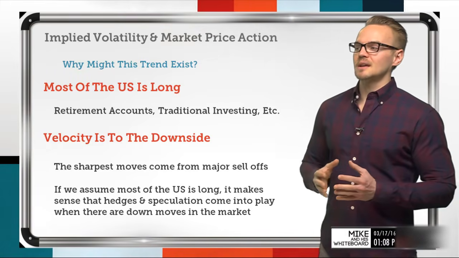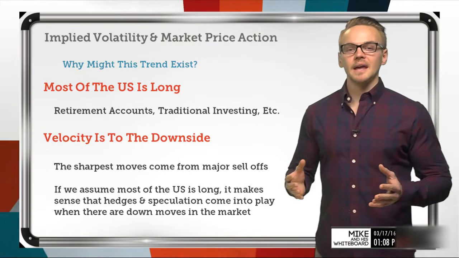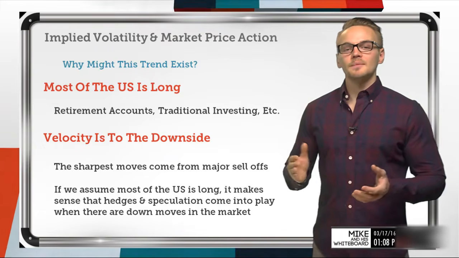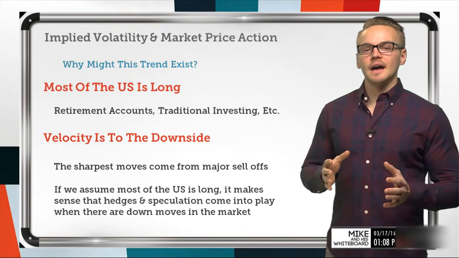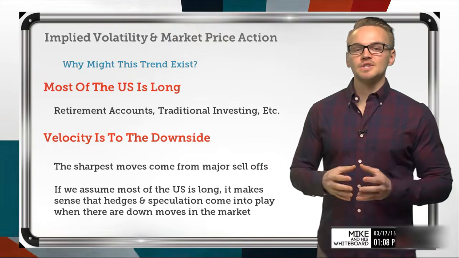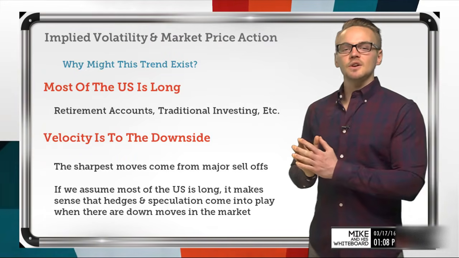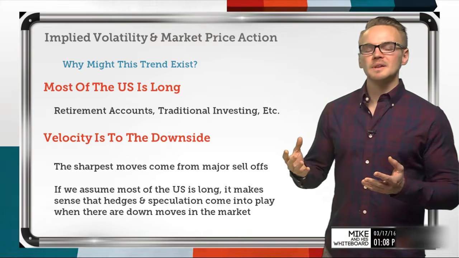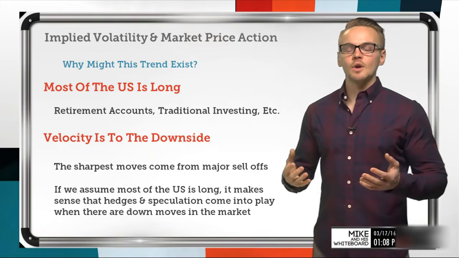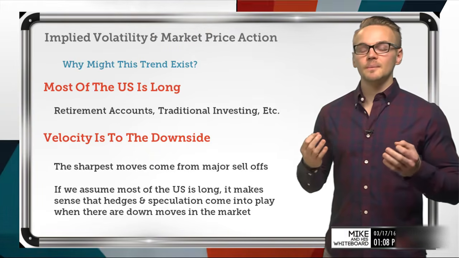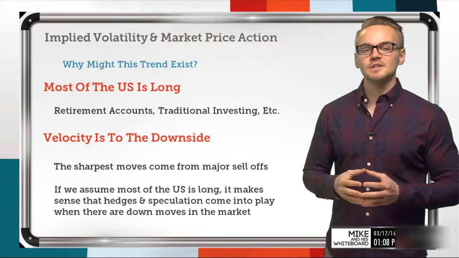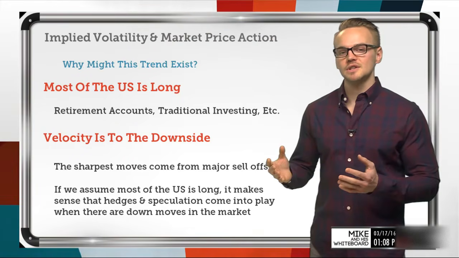So what does this mean for volatility and option prices? Well, if we know that the underlying US population is pretty much long, if the S&Ps are going up, that's why there might be complacency. Of course, no one's going to be really looking to defensively protect their positions if they're seeing profits on their positions.